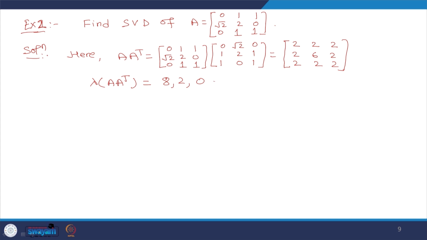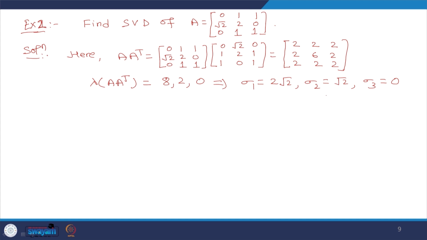So, from here we can write that sigma 1 equals square root 8, that is 2 root 2, sigma 2 equals root 2 and sigma 3 equals 0. These three are the singular values of A, and the rank of A I can directly tell: 2 of the singular values are non-zero, so rank of A is 2.